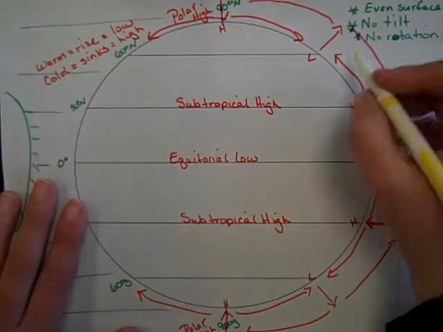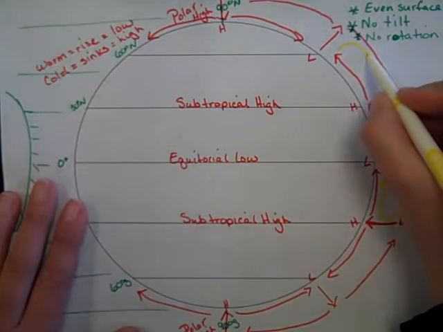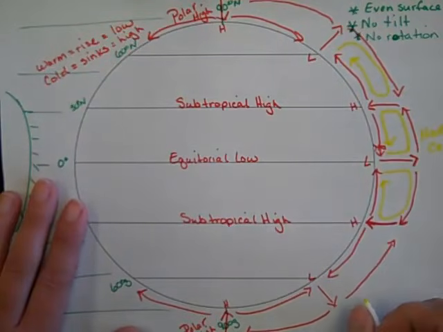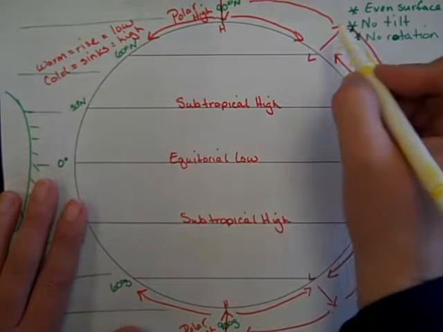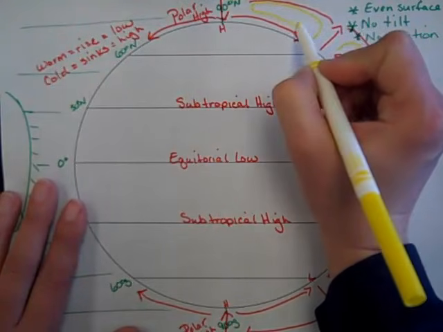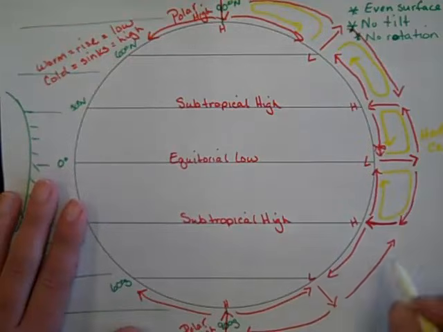Now what do you notice here? We have another rotation. We have another convection cell. We have another Hadley cell. So this rising air forms another Hadley cell. The same thing happens down here.